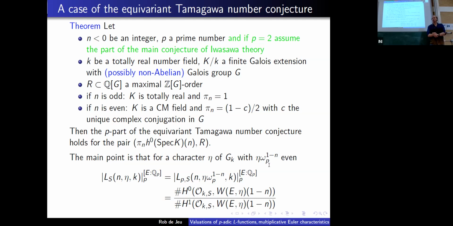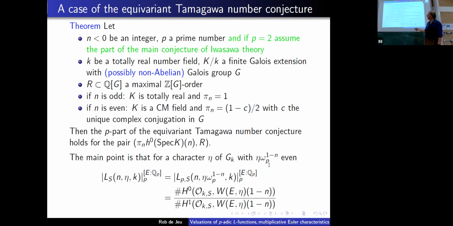Are there any questions? What does the equivariant Tamagawa conjecture say? It interprets, in this case, the leading coefficient of the zeta function, or the L-function. It's actually non-zero in this case.